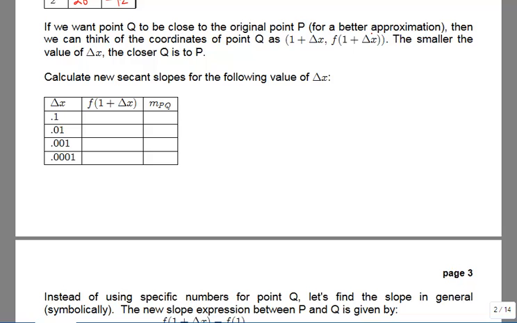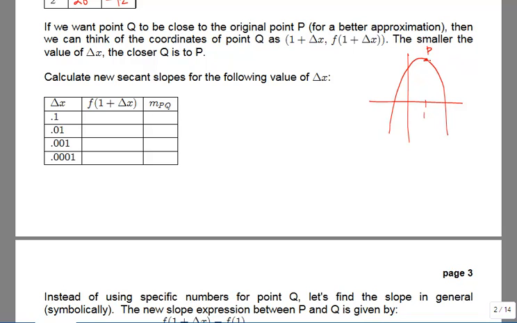So instead of just randomly picking a point Q, we're going to define our point Q to be starting at 1 plus some delta x distance away. So if you visualize that graph again of our function, which was our upside down parabola like this, point P was right when x was 1.